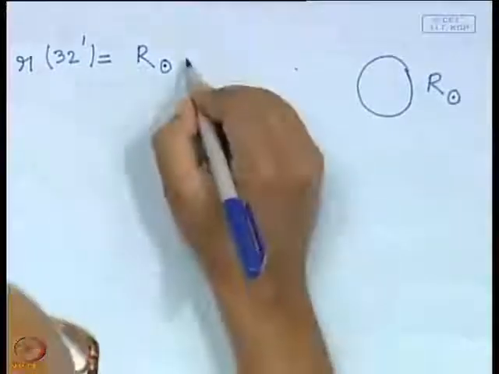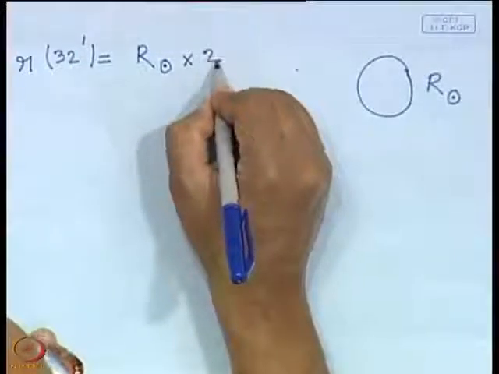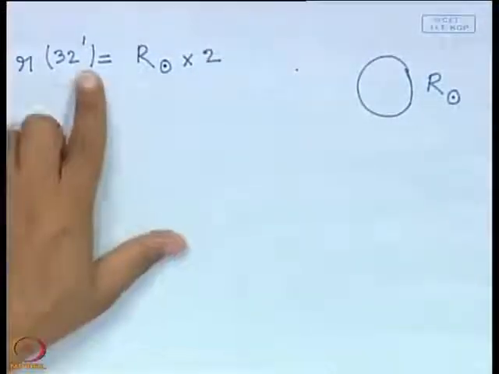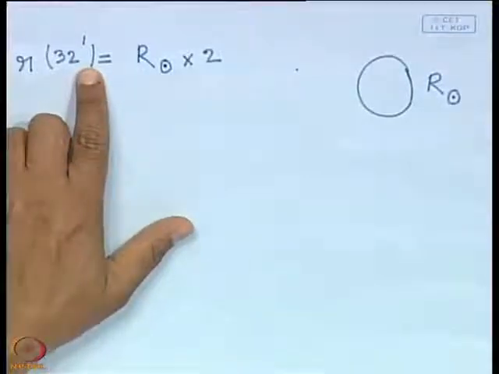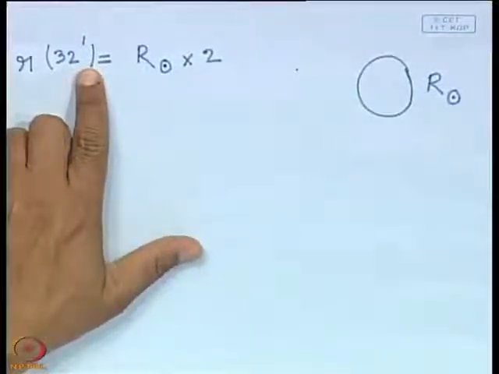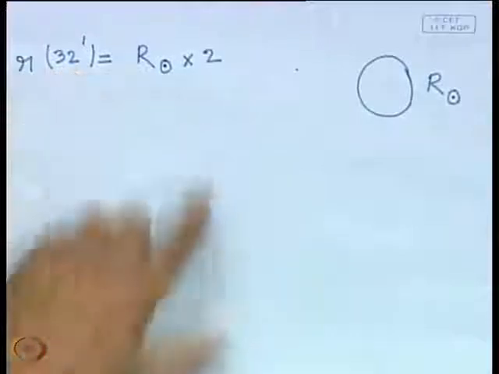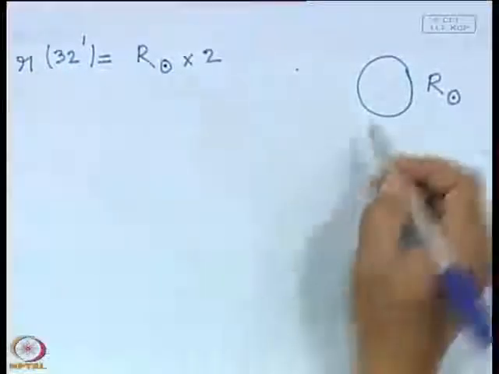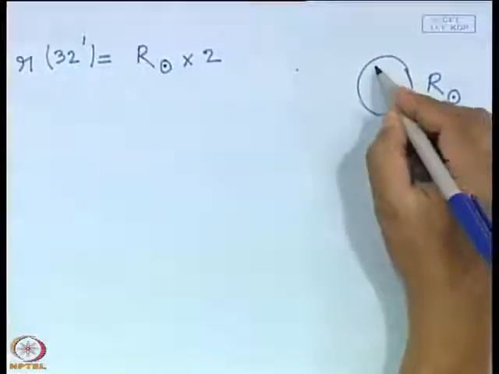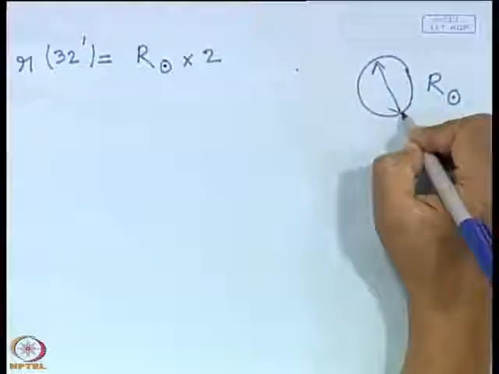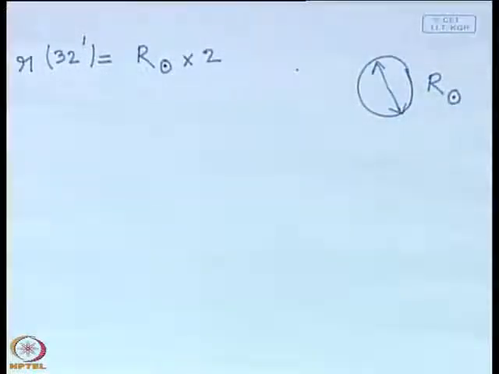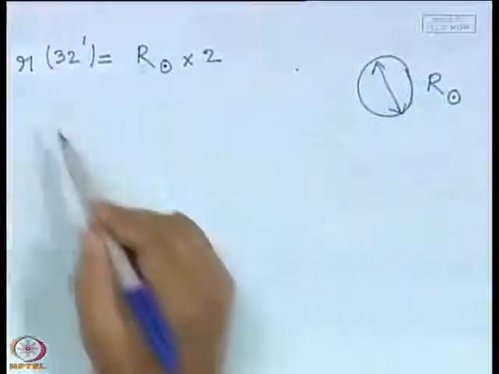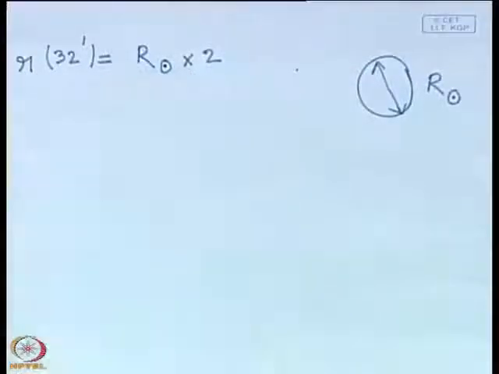Okay, so this will give you the diameter of the sun. Remember, you have to convert this into radians. Okay, this is in arc minutes. So you can easily check this for yourself. So the sun has an angular diameter of 32 arc minutes, and you multiply it with the distance and you will get the diameter of the sun, which is twice the radius.